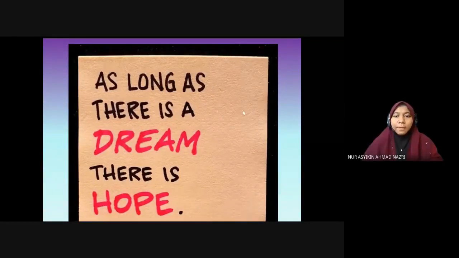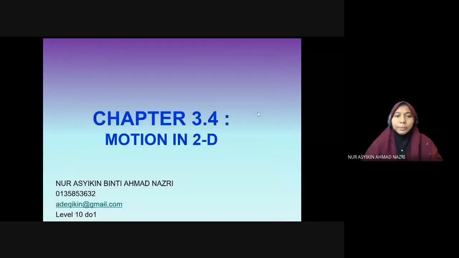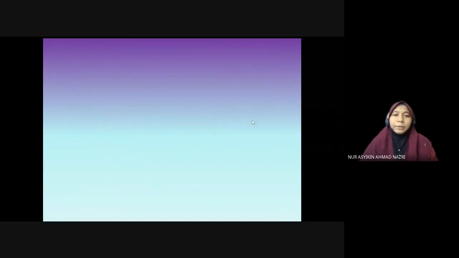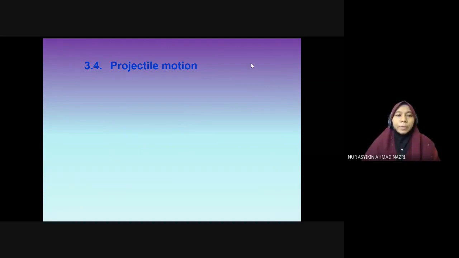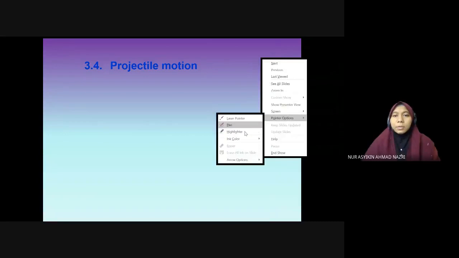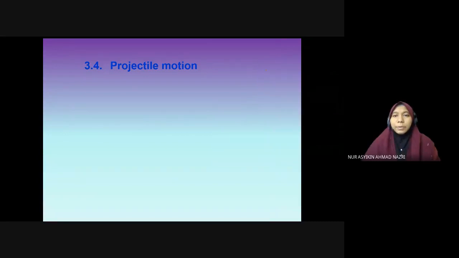Today we're going to see motion in two dimensions. We have learned about one dimension, free fall motion, which is vertical motion.